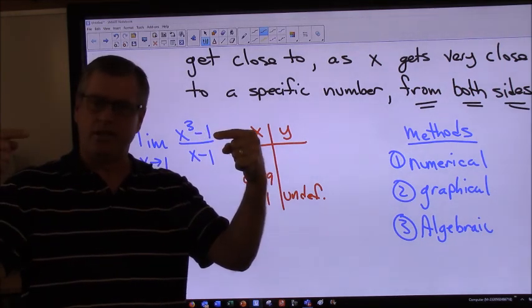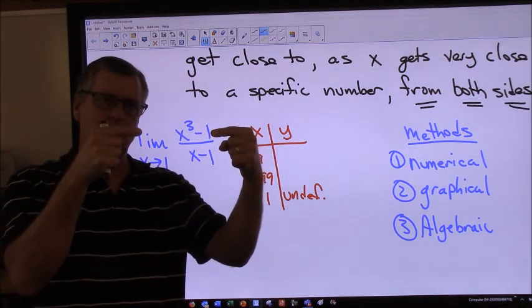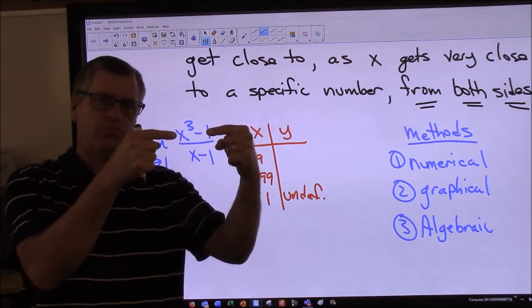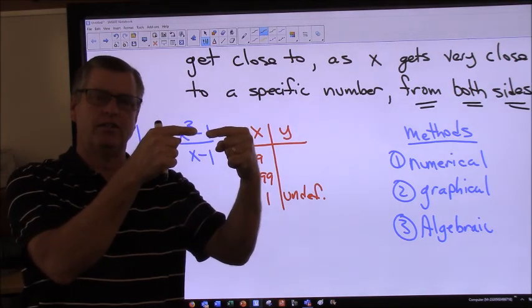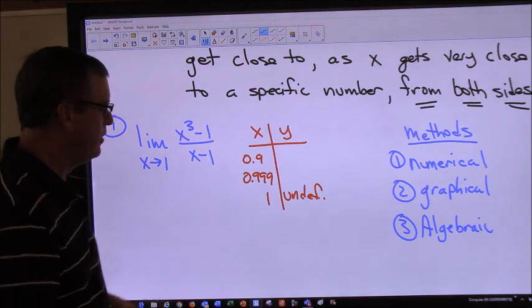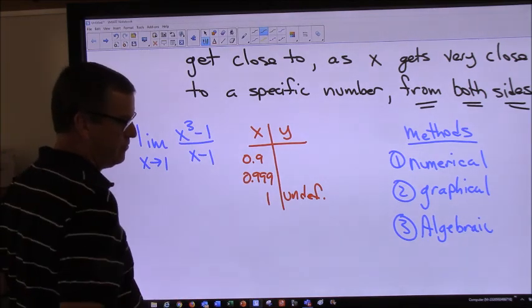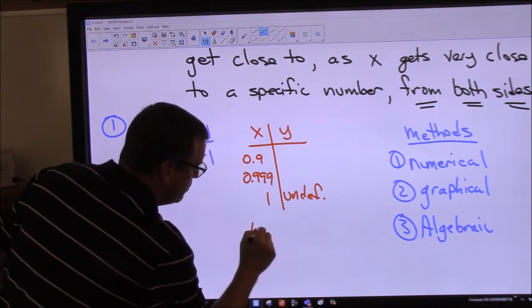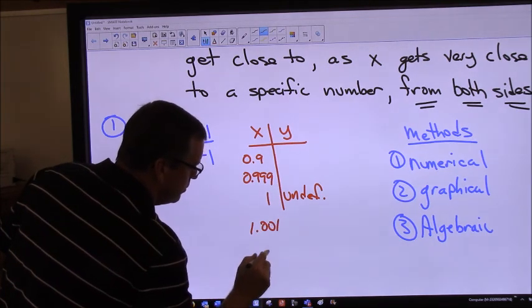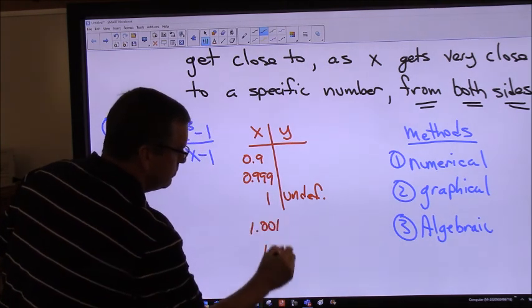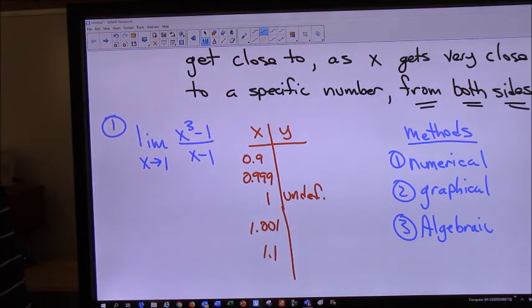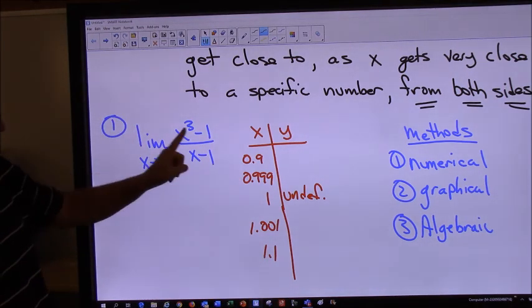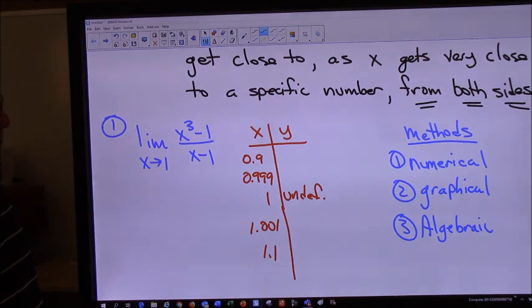You know, I'd come along, hit negative numbers, I'd eventually hit x equals 0, x equals 0.5, 0.8, 0.9, 0.999, and I'm getting closer and closer to 1 without actually getting there. On the other side of 1, I could have 1.001 or just 1.1.